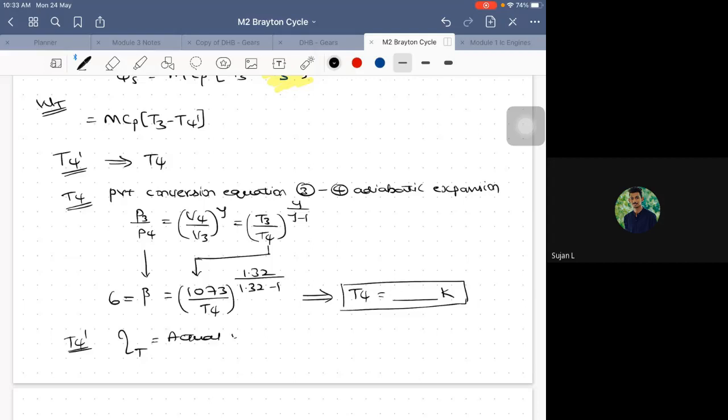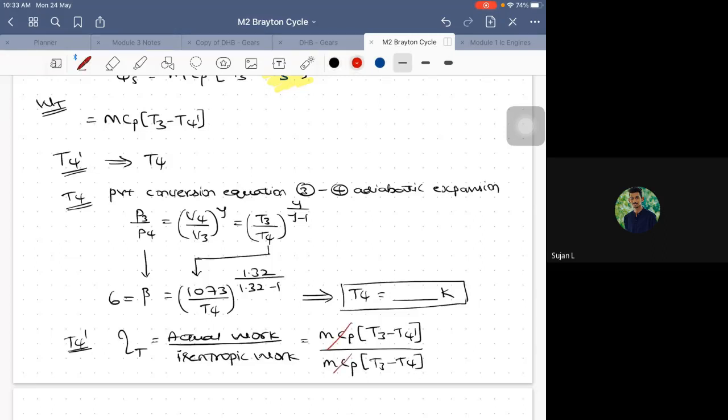So efficiency of turbine is nothing but actual work divided by isentropic work. So actual work is mCp. Actual in the sense you will get a dash there. So it is T3 minus T4 dash. Isentropic or ideal or theoretical in the sense you will not get any dash there. So these two will go away.